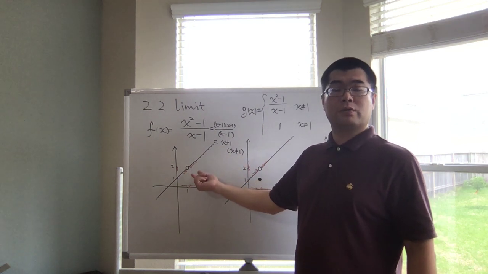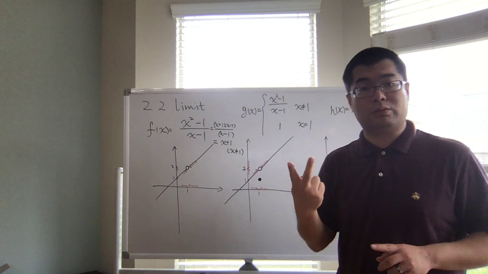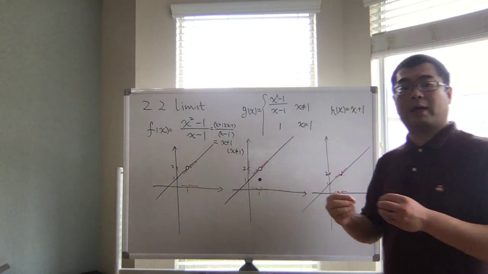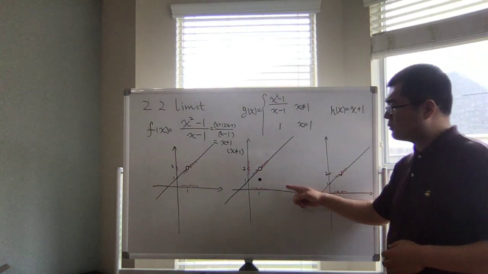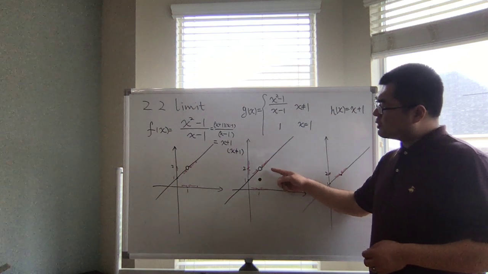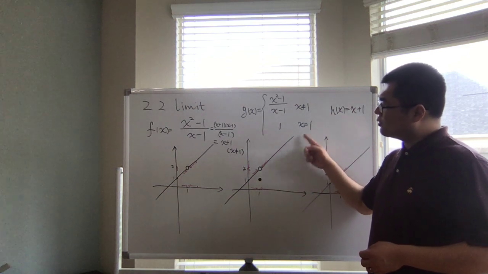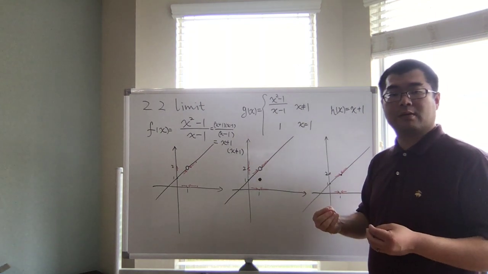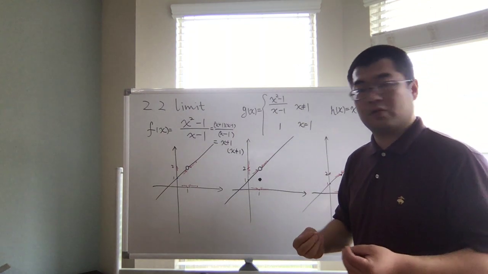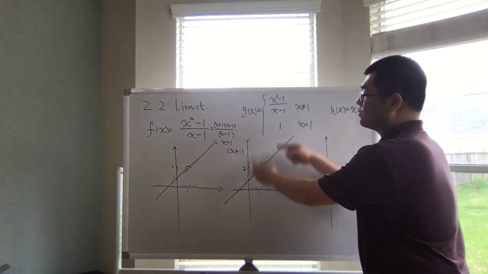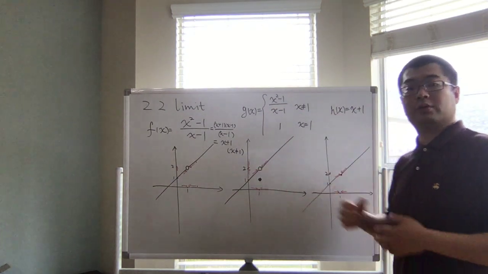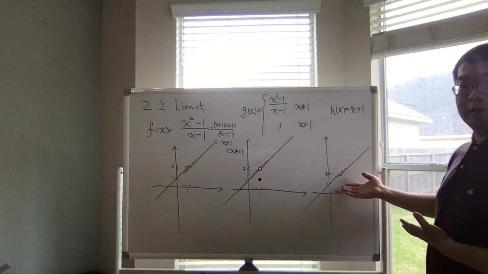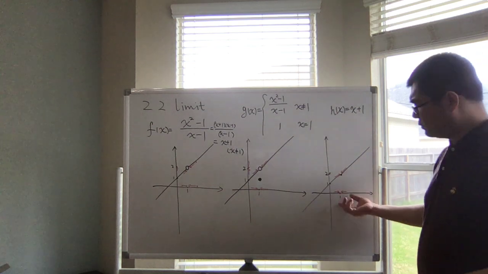So we put an empty circle there, but the limit still exists, which is 2 as x approaches 1. Okay. Second one, my function is defined at x equals 1, but it is not 2. But still, it does not affect the existence of a limit as x approaches 1 of g(x), which is 2 here, right? This one, everything is well defined, also works.